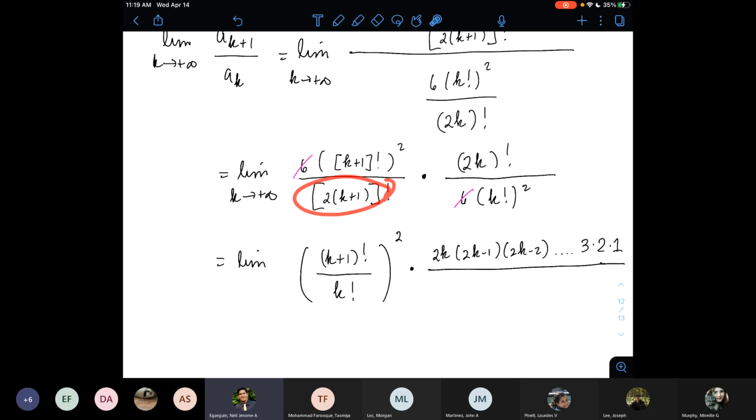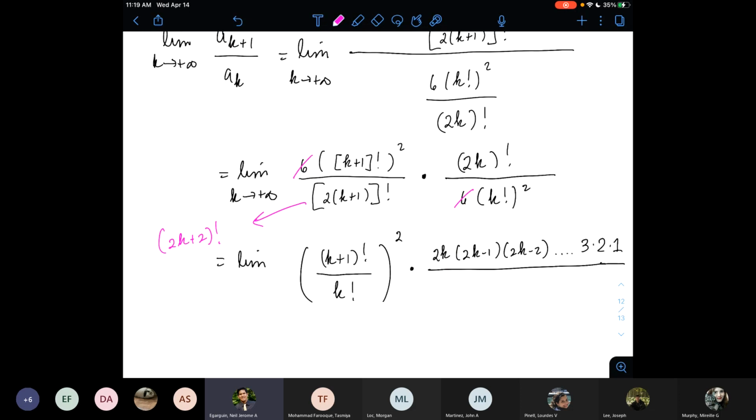Now this guy is what? Upon expansion, this is (2k plus 2) factorial, right? Because we need to multiply these two guys first before taking the factorial. So it's going to be (2k plus 2) factorial. But what does this expression mean? It means we take the product from 1 all the way up to 2k plus 2, right?